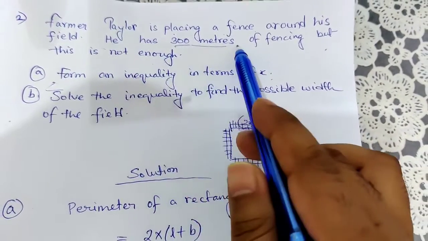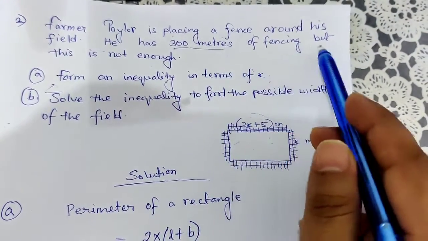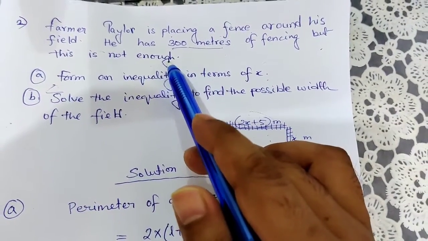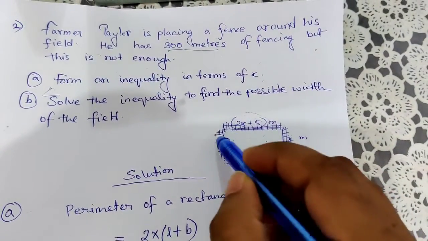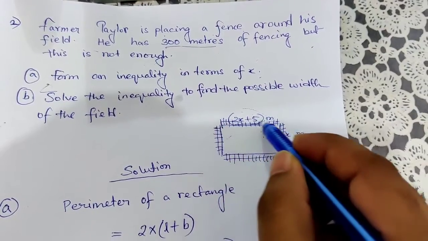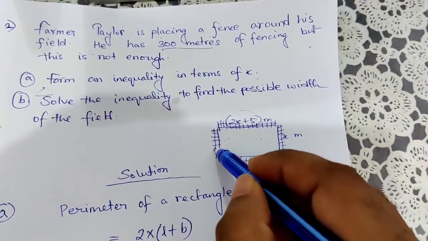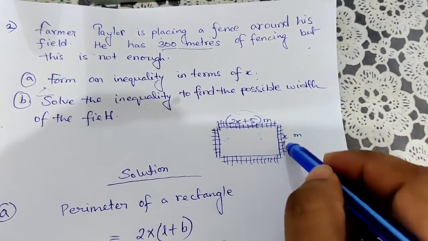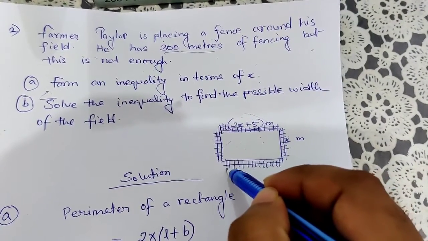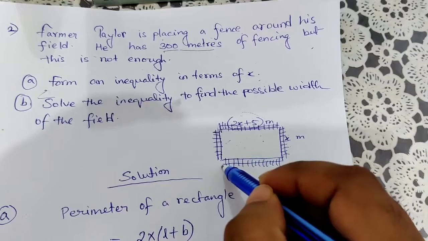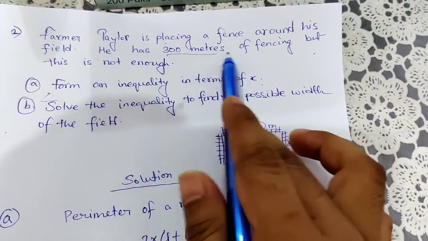He has 300 meters of fencing, but this is not enough. That means he has fenced 300 meters. Let's say he has provided fencing starting from here, here, and till here. So it's not enough to cover the field.